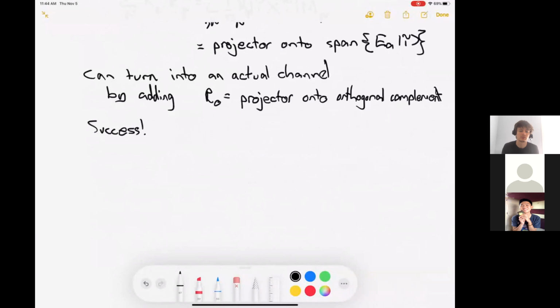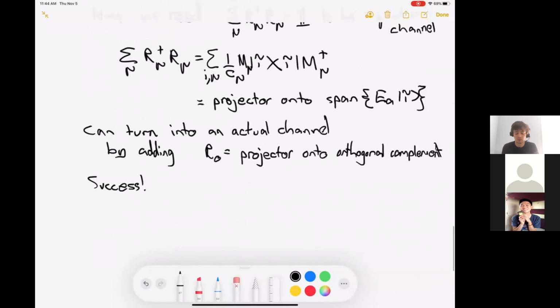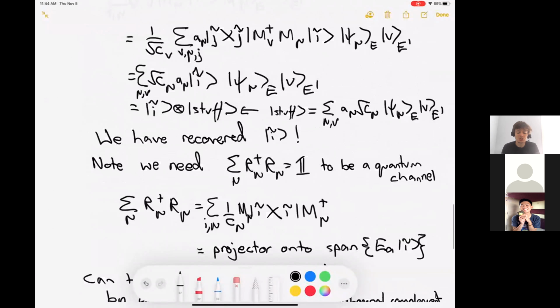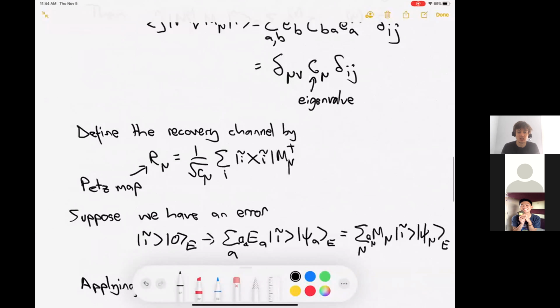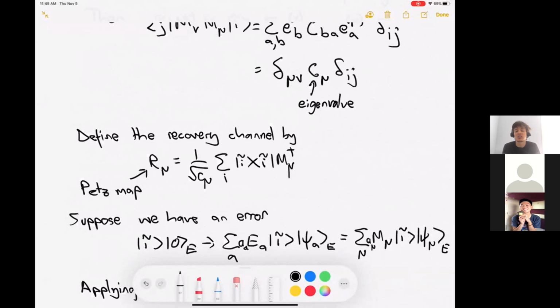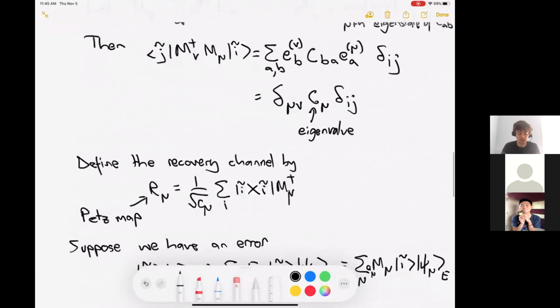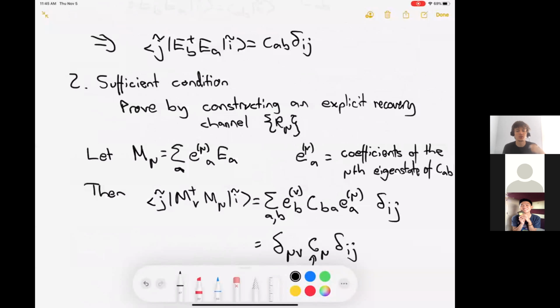So in the whole argument, you seem to be using the I tildes. Yeah, I'm just working in a basis of the code subspace for simplicity. It doesn't matter what basis I use, but the point is that these I tildes are an orthonormal basis of logical states.